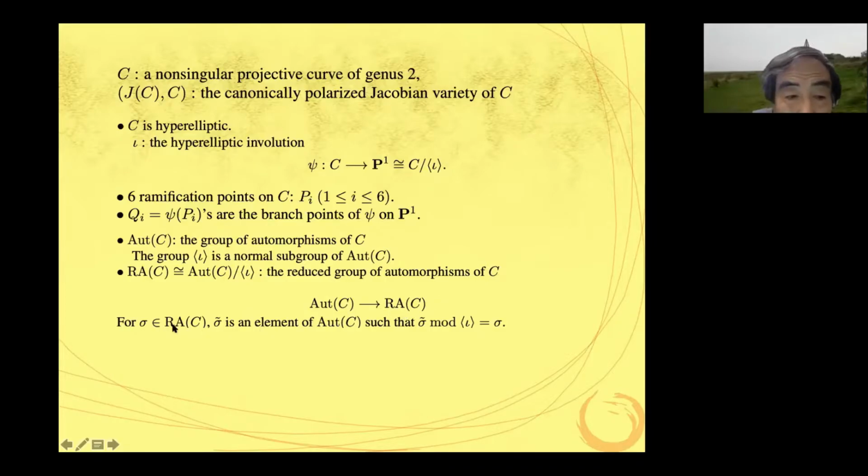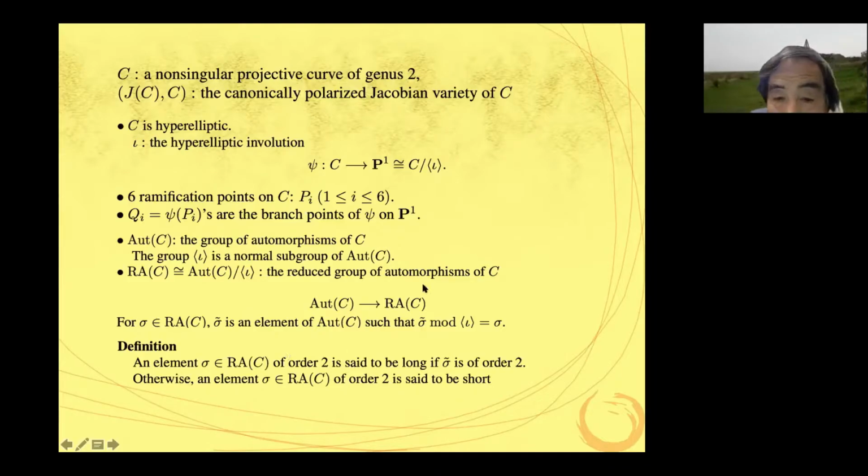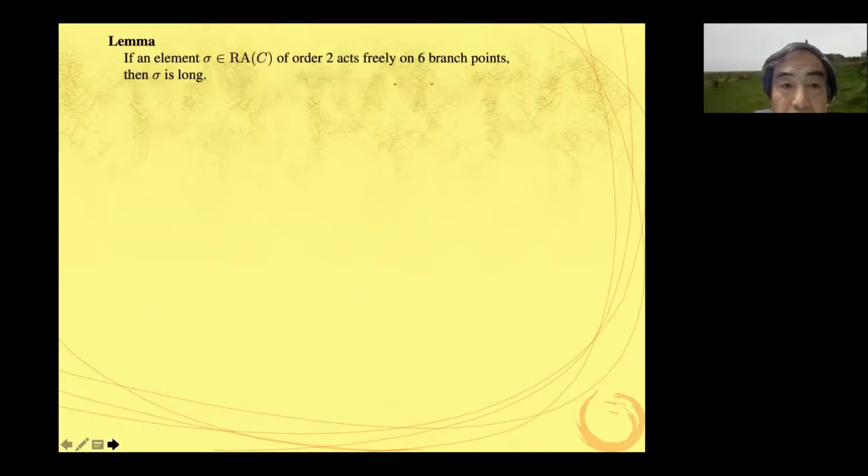If you take one element sigma, then of course you can find an automorphism here such that modulo the involution it is equal to sigma. And by definition, an element sigma of order 2 is said to be long if its lift is also of order 2. Otherwise, sigma of order 2 is said to be short. We use this definition. This definition does not depend on the choice of lift, of course. It is not a difficult thing.